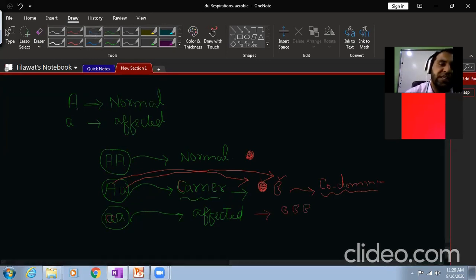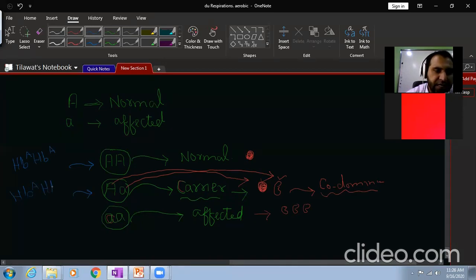Now, usually we express these genotypes like this: Hb, hemoglobin, HbA, and HbS. Whenever codominance comes up in any cross, we usually write it in superscript form, like A on top.